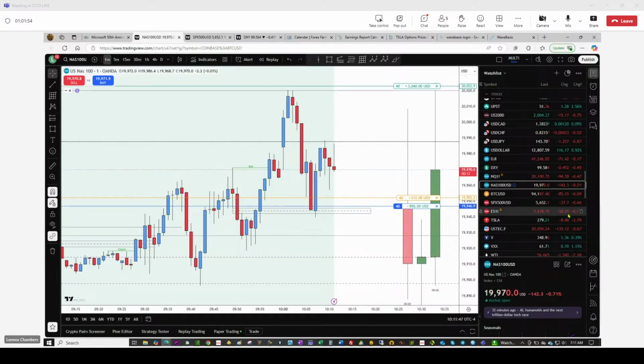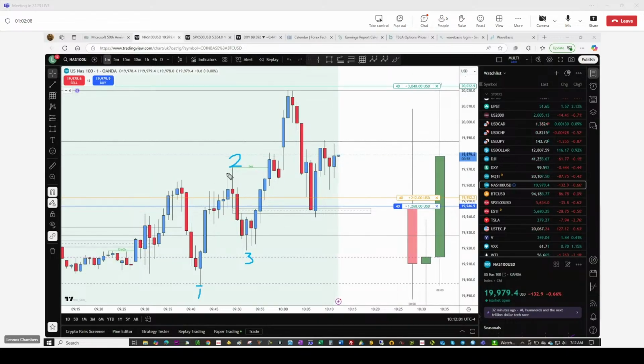So as 1, 2, 3 traders, what we're looking for is a 1, 2, 3. This is a 1, 2, 3 here. It's a 1, 2, 3 because we have a low, a high, and a low. And they don't have to be swing points, but swing points are nice.